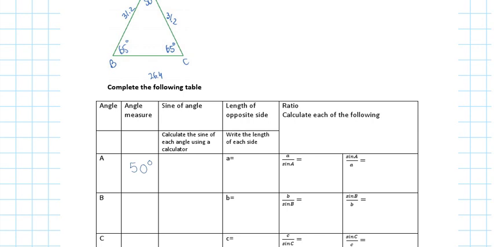So you're going to do sine 50. What's sine 50? 0.77. Make sure that your calculator is in degree mode. It says DEG or D on the top. Calculators are usually given to you in degrees unless you change it.